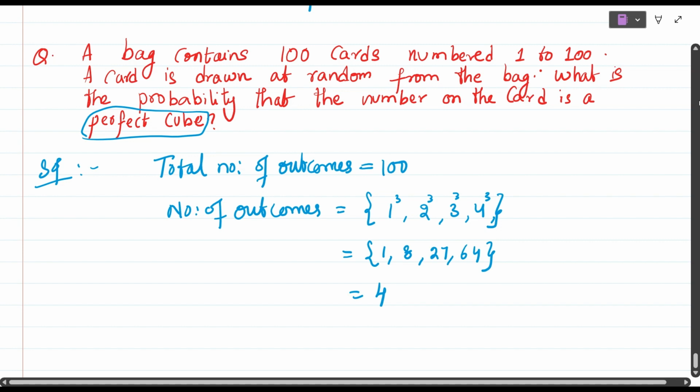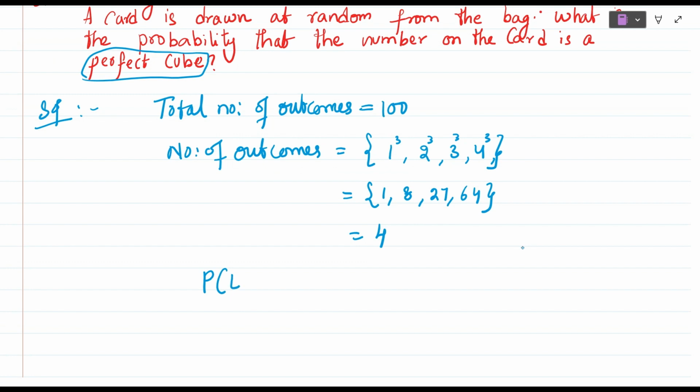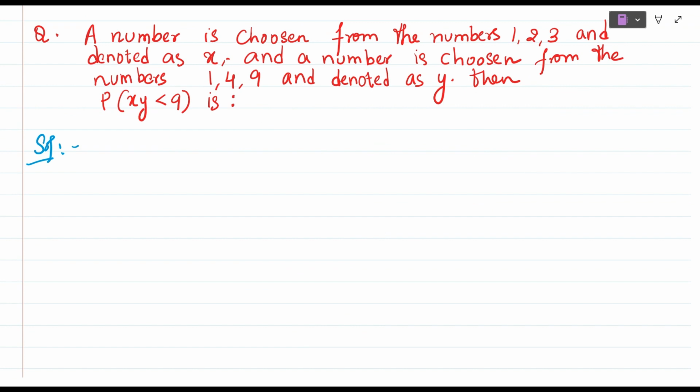That is greater than 100. So 4 are there. Let us write the probability of this event gives how much? So 4 divided by 100. The answer is 1 by 25. Did you understand, students? Students, the next question is, a number is chosen from the numbers 1, 2, 3 and denoted as x, okay?